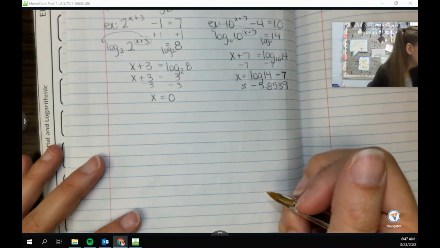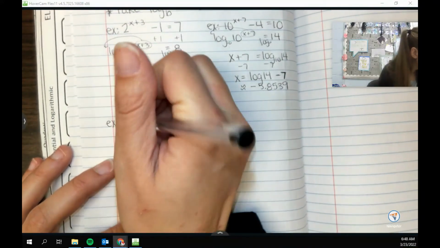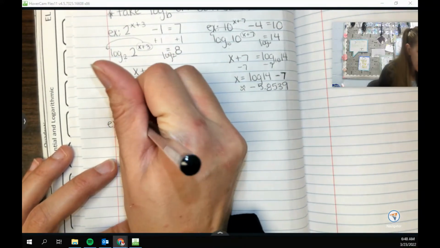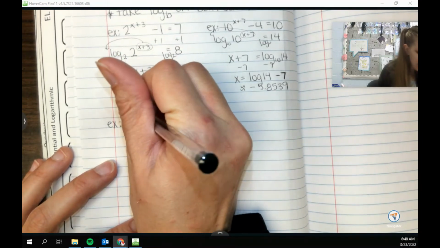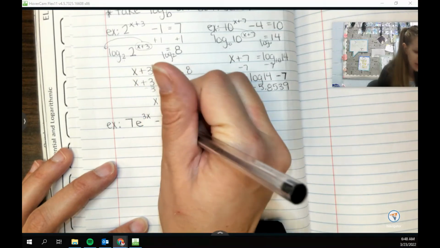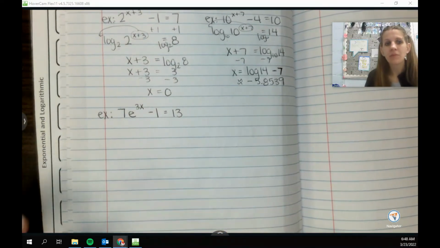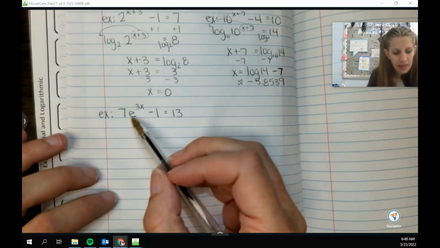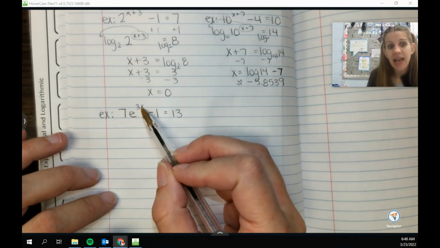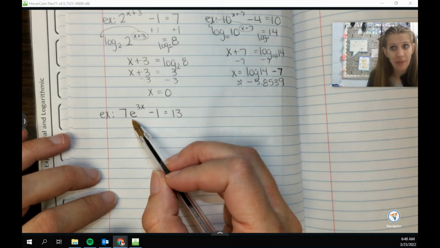Let's say, for instance, we have 7e to the 3x power minus 1 equals 13. Okay, so e to the 3x, that is my base, like it's the number directly below your exponent.